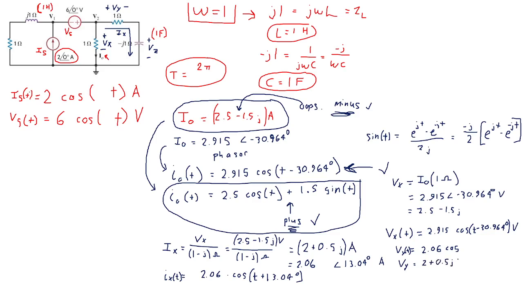If I declare Vz, I should be able to calculate Vx minus Vy. So in the phasor form, Vy would be 1 ohm times this phasor. So Vy, I could actually leave in the 2 plus 0.5 J form.